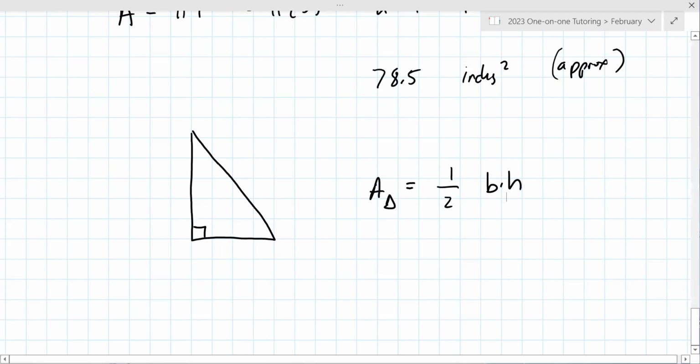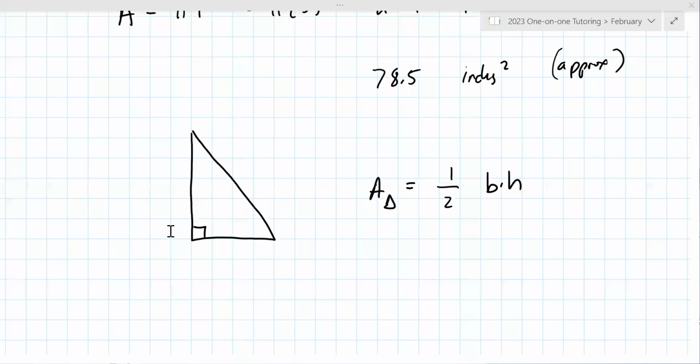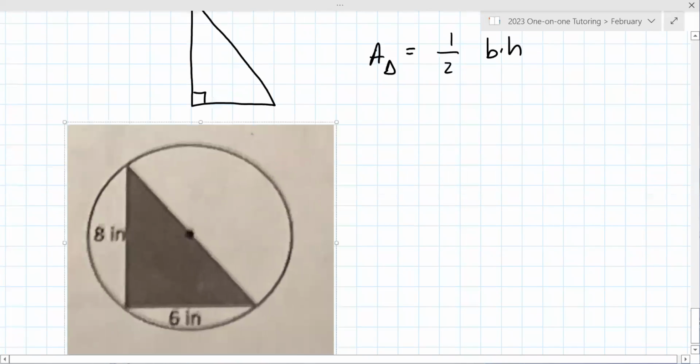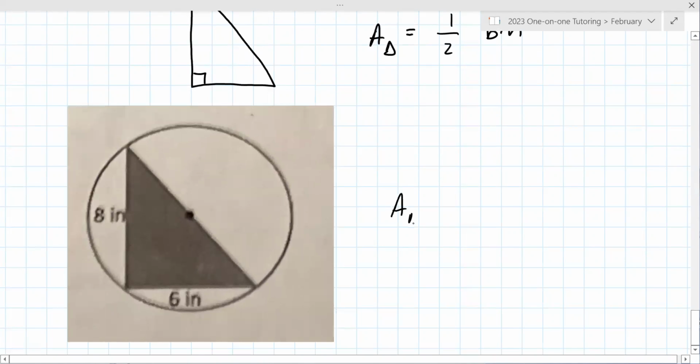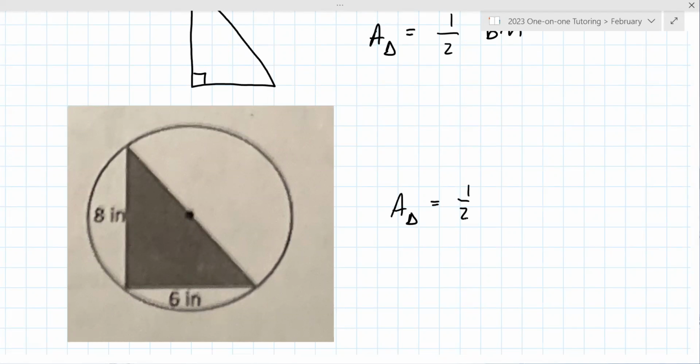Let me grab the triangle. In 3A, it's a triangle inside a circle, but don't be distracted by the circle. What is the base of the triangle? The base is the bottom.